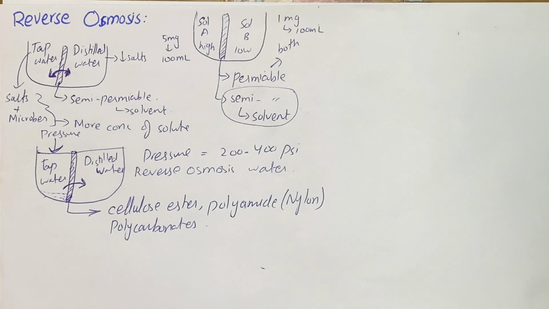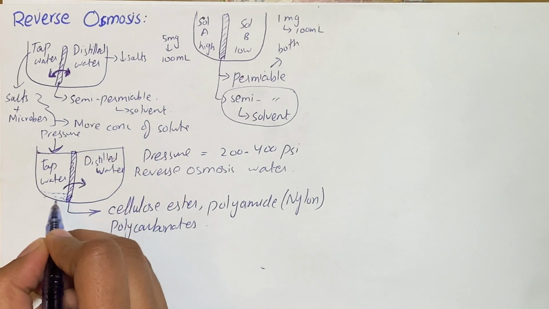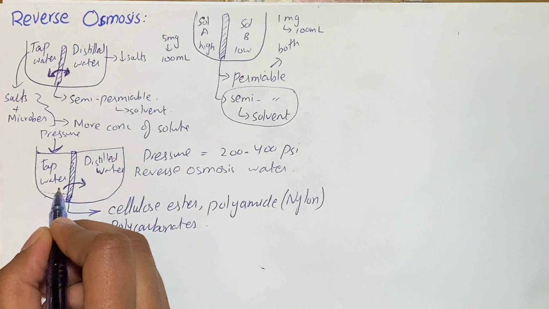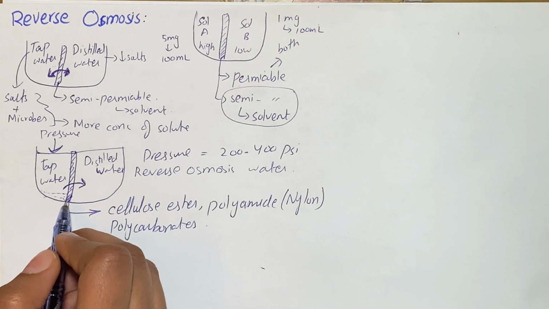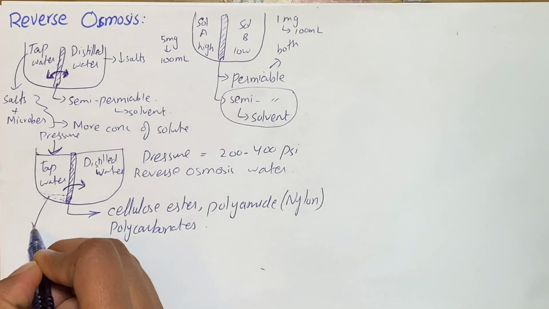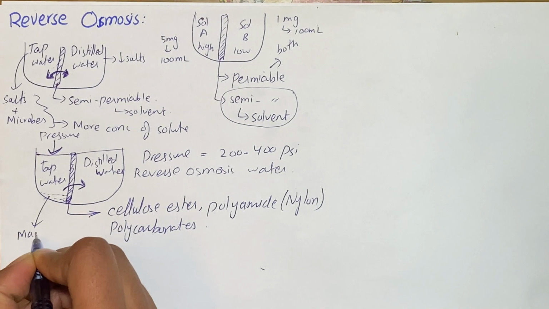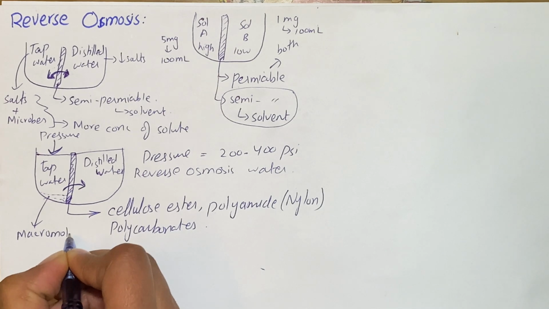And this is a very efficient process. It retains almost all macromolecules, and in this way it filters out everything that is not required or not desired. So over here there are macromolecules which are left behind.